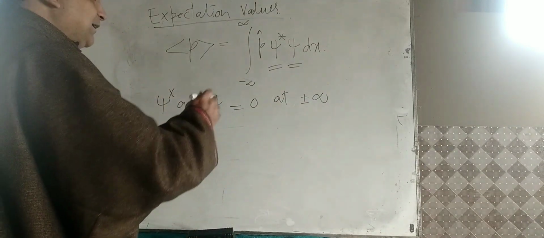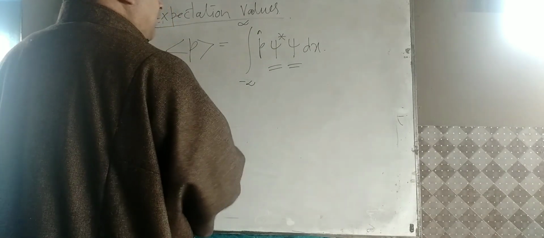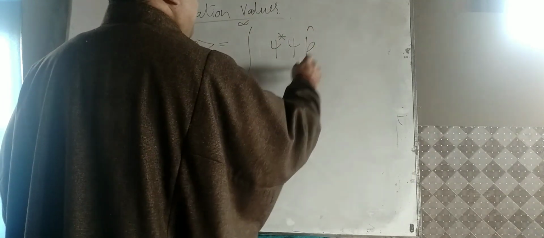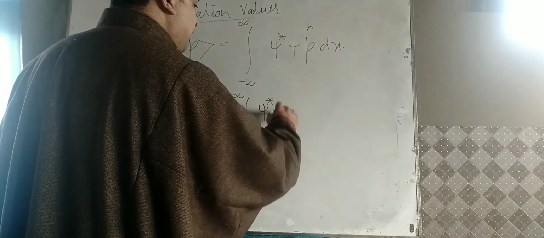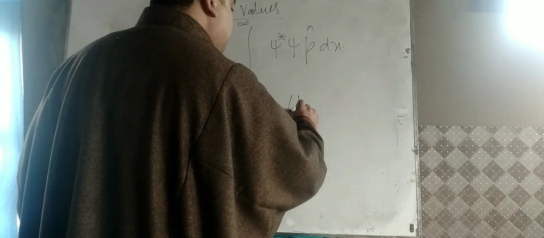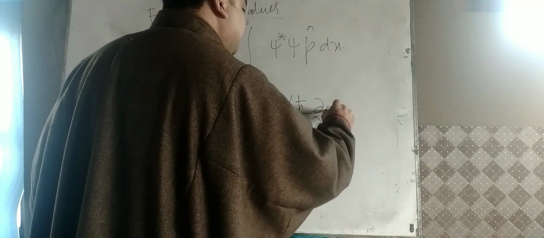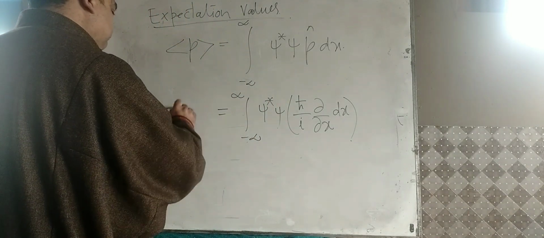Similarly, if we take this operator to the extreme right, we write this operator here, so here it will be dx. So what will come out of it? It will be the integral from minus infinity to infinity of psi star psi, h bar by i, partial derivative of x, dx.